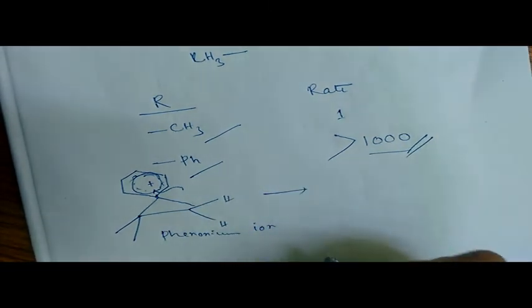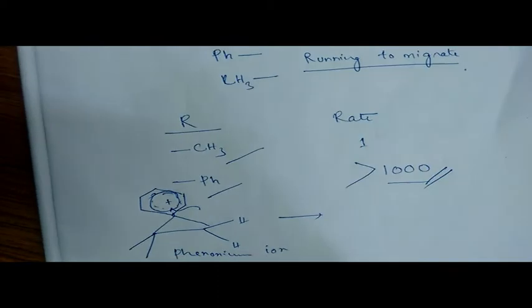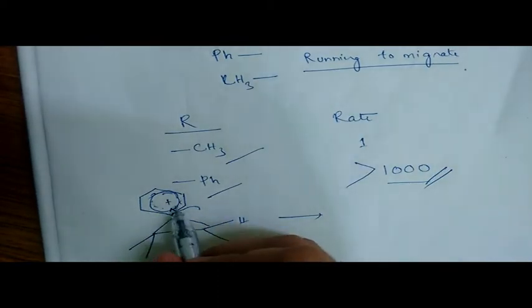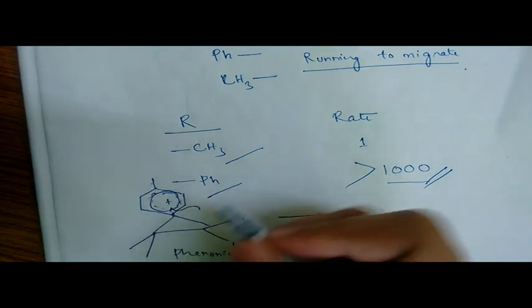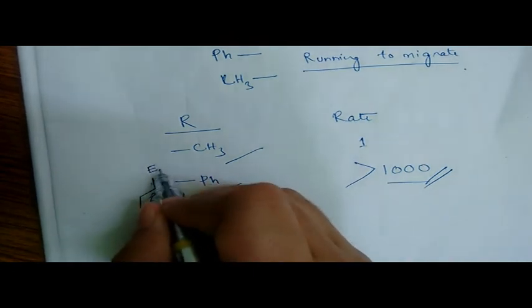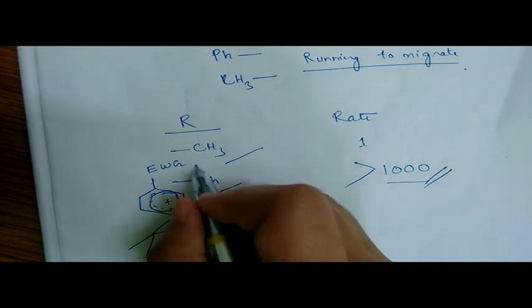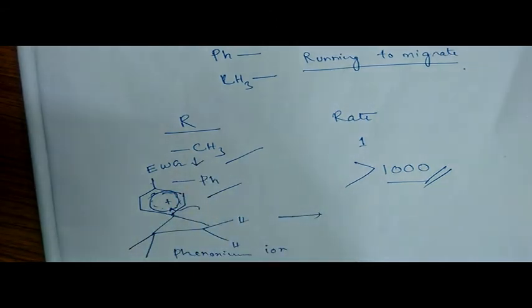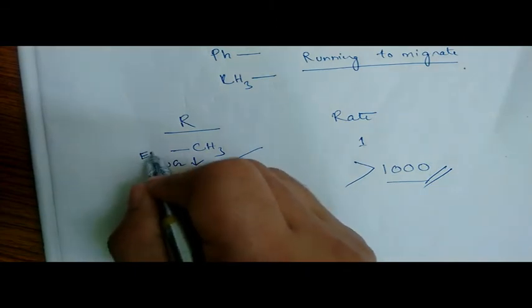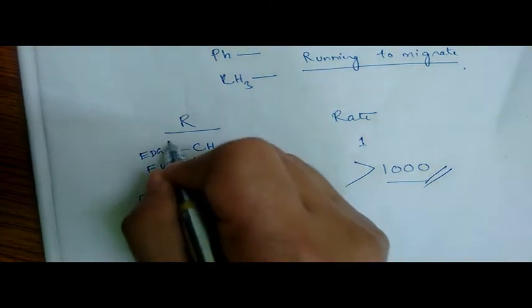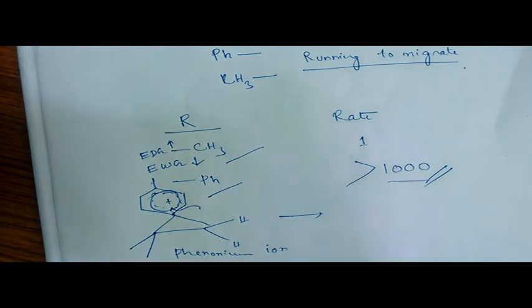Okay, so as it involves positive charge delocalization in the ring, if we attach some electron withdrawing group, then it will decrease the rate of migration, and if we replace it with some electron donating group, then it will increase the rate of migration.